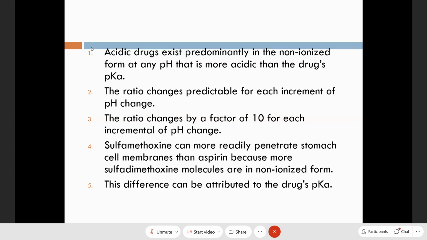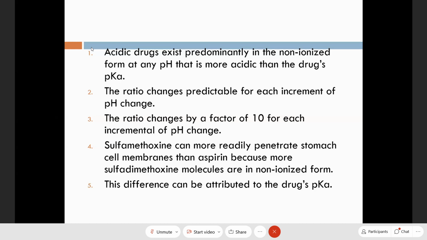So if you compare sulfur and aspirin just now, what was the sulfur pKa? 6, and the aspirin is 3. So the sulfur drug can more readily penetrate the stomach cell membranes as compared to aspirin, because the sulfur molecules are in the non-ionized form.